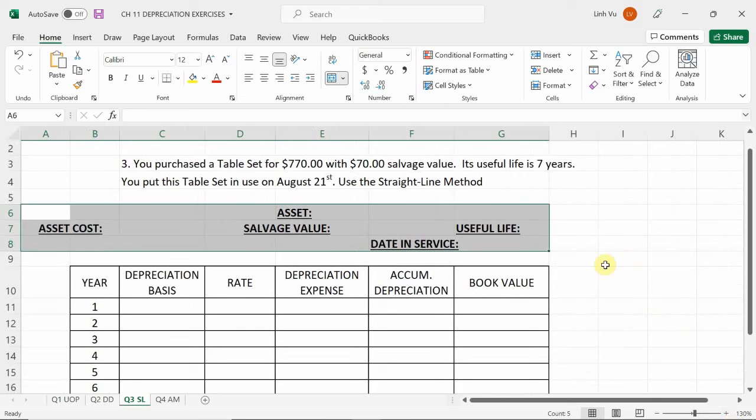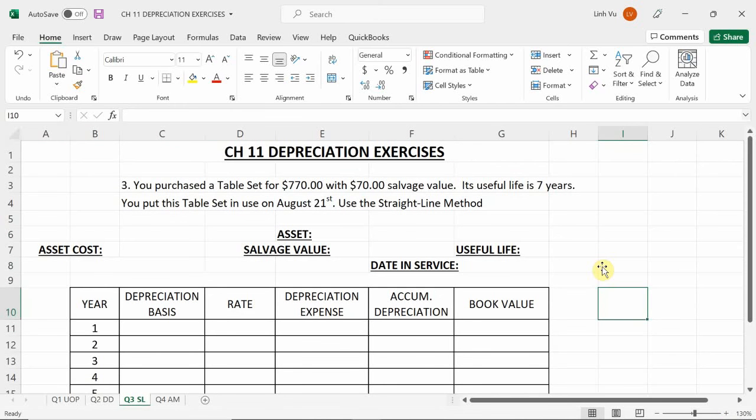I have purchased this time a table set for $770 with $70 salvage value. Its useful life is 7 years, and you put this table into service as of August 21st.